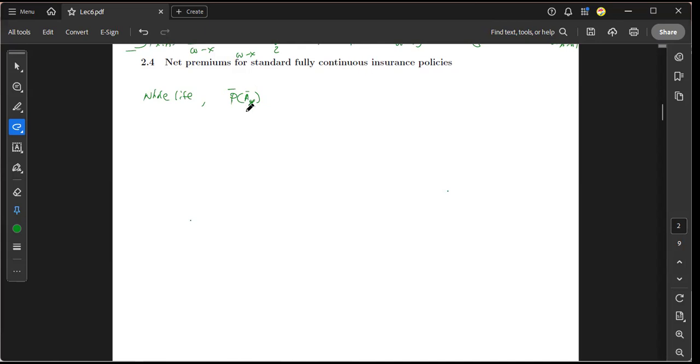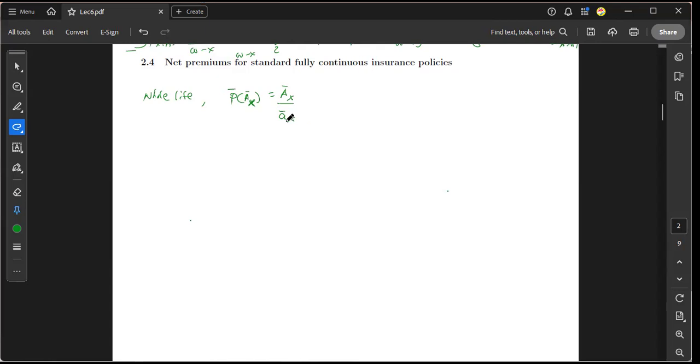And we get something similar to this. The present value of a continuous benefit for whole life is this, and the continuous annuity is this.